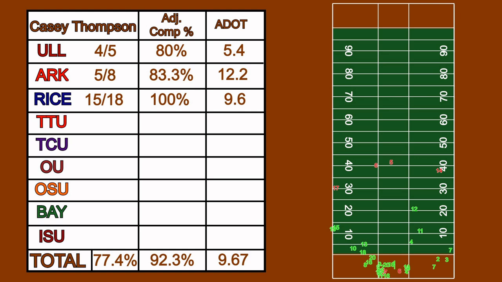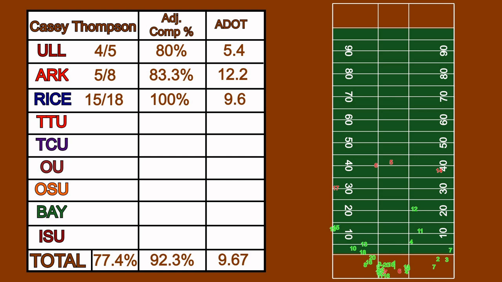I mean, he had this throw to Xavier Worthy. It's the number 17 right here. No, it's not the number 17. It's the number 19. And the number 17 throw, actually, that was a Joshua Moore throw. Both these throws were beautiful back shoulder throws.